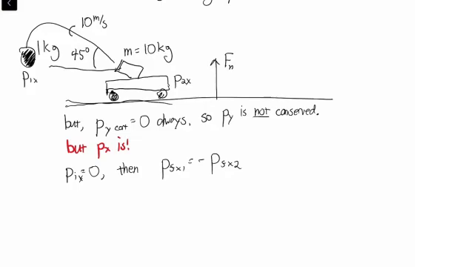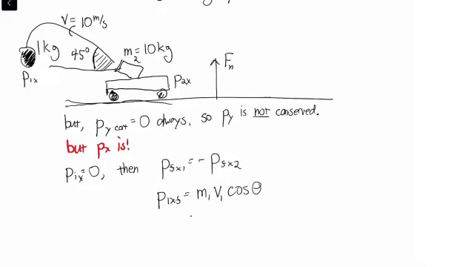Okay? So if this is m2, and this is the speed, then P1x final is m1 v1 cosine theta, that's this angle.